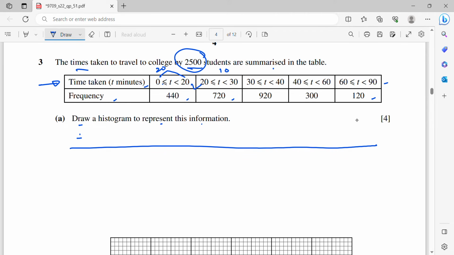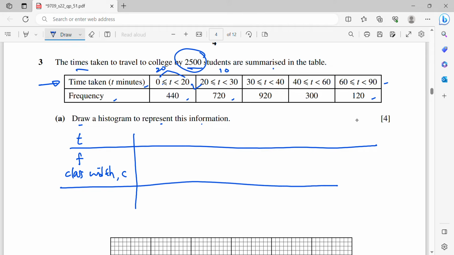So here I will write T for time. Then this is frequency for F. So now I will write class width. Let it be C. Okay, then I need frequency density, which is frequency over class width.